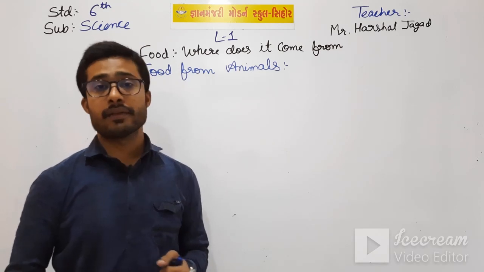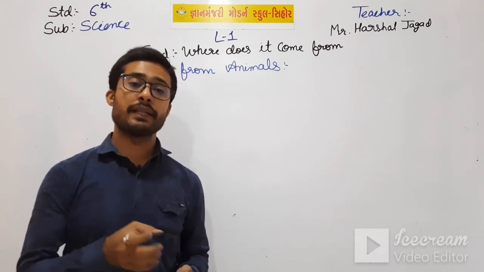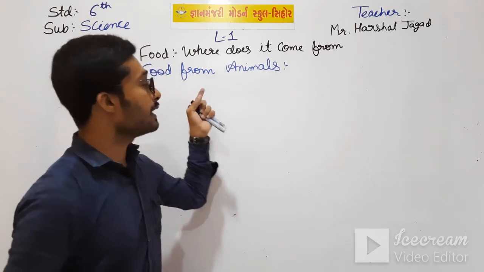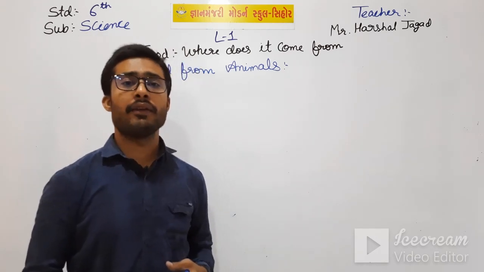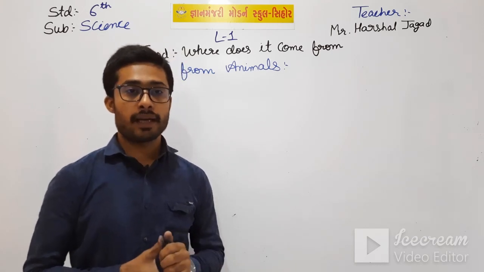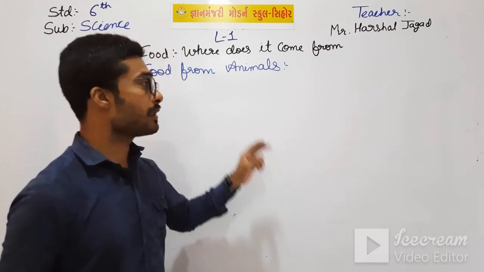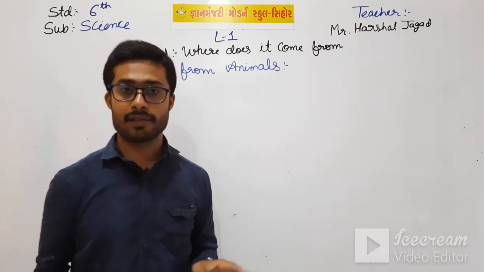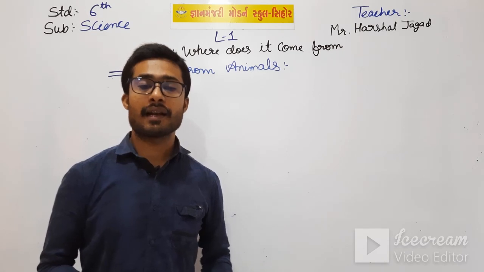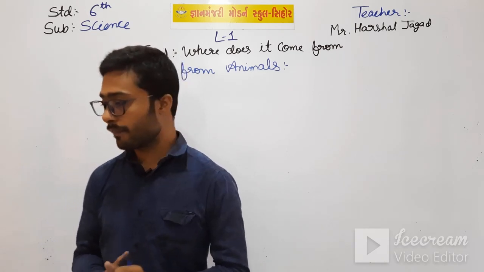Food from the animals is the food we get from the animals. Like all the non-veg food, this all comes from the animals, like meat, chicken, etcetera.